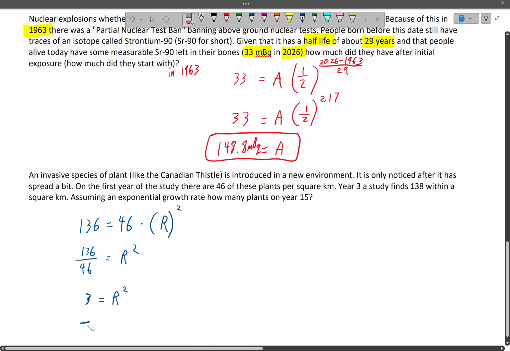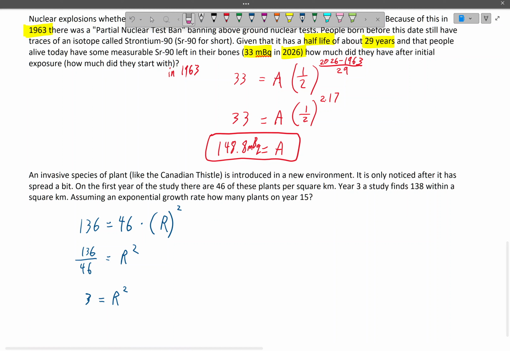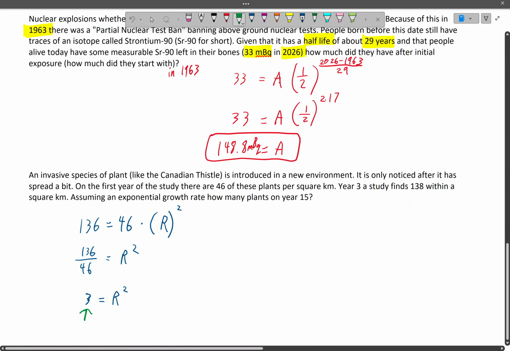But you could also say, okay, well, it took 2 years to do that. Why don't we just make the period, the doubling or tripling period, 2 years? Okay, so the tripling period is every 2 years.